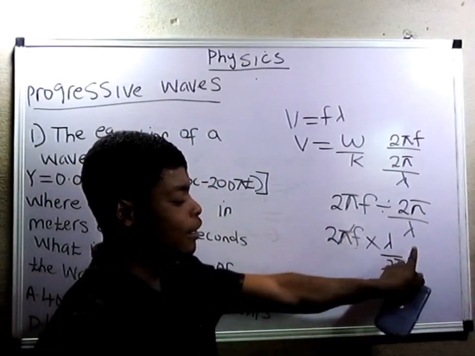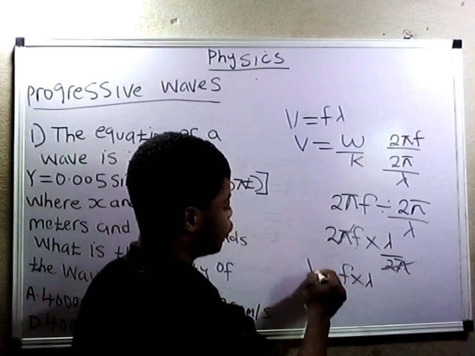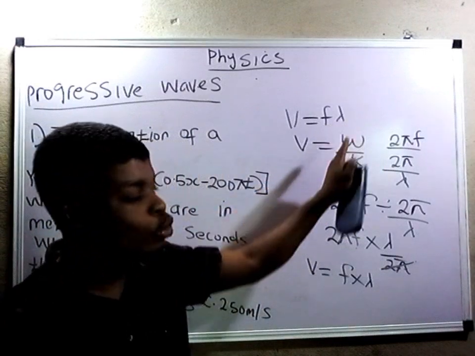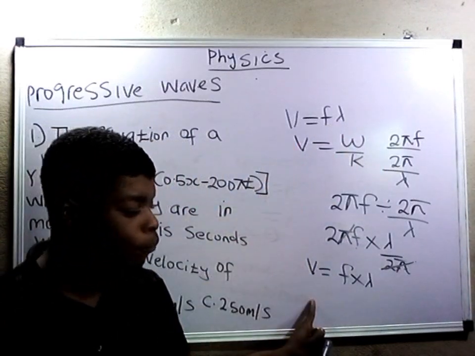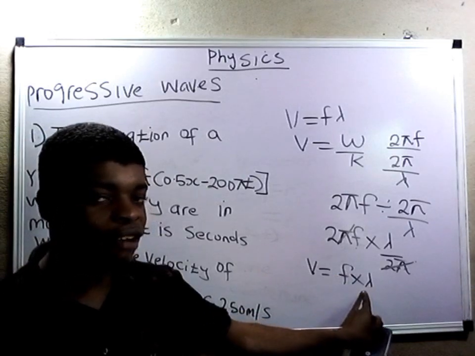We therefore have frequency times lambda. So velocity equals frequency times wavelength. That was how the formula was gotten. So I showed you how it was proven. So let's use this method to get our velocity.